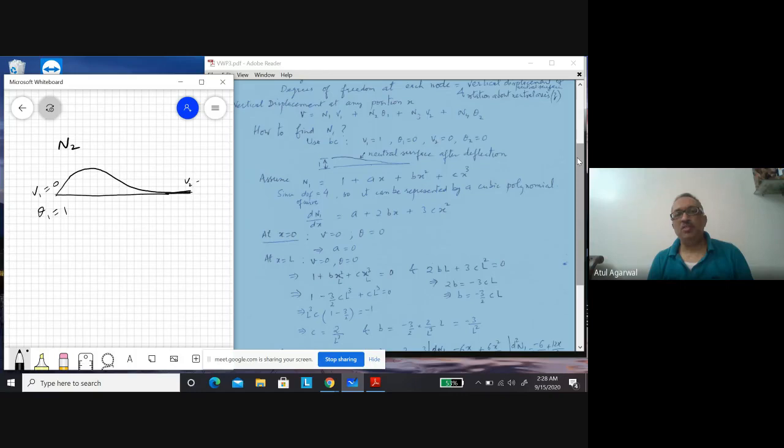Our v2 is equal to 0, theta 2 is equal to 0. So we can find a function that will be called N2 which satisfies these conditions. We will follow the same procedure as done here.